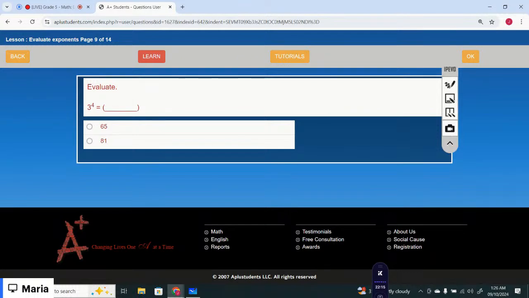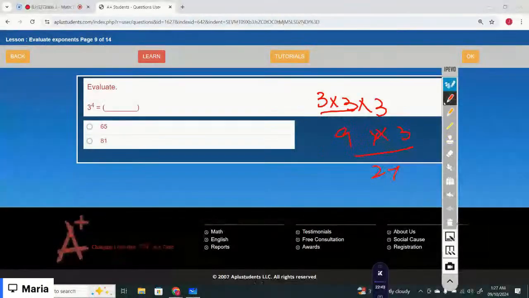The next one is 3 exponent 4. So which is the correct option? 3 exponent 4 means you have to multiply 3 four times.